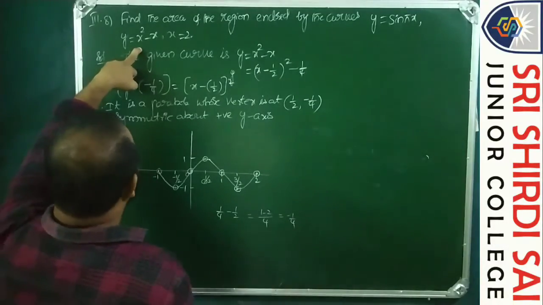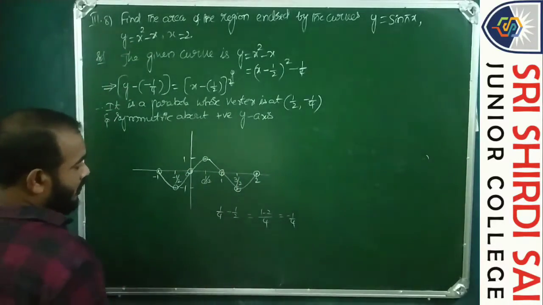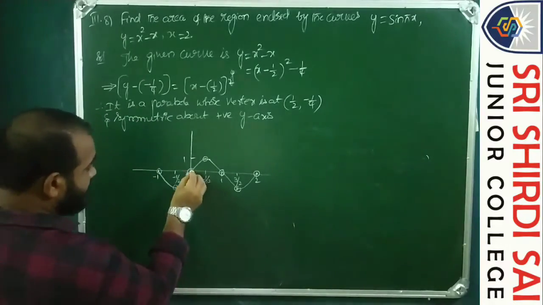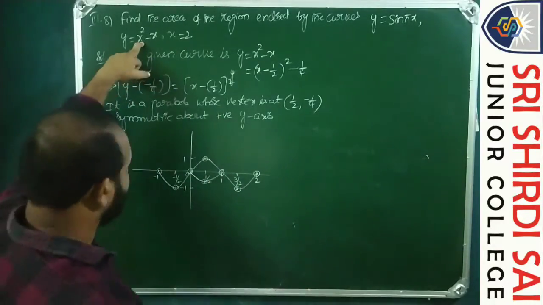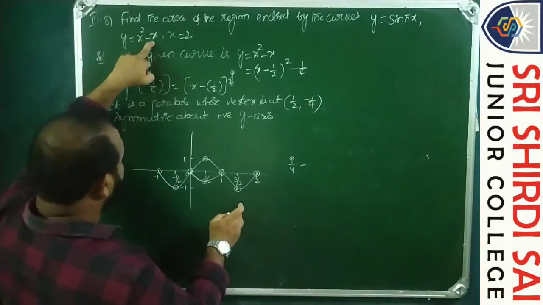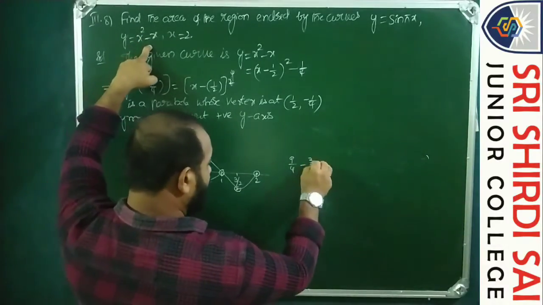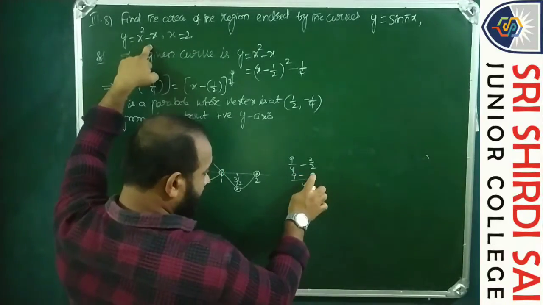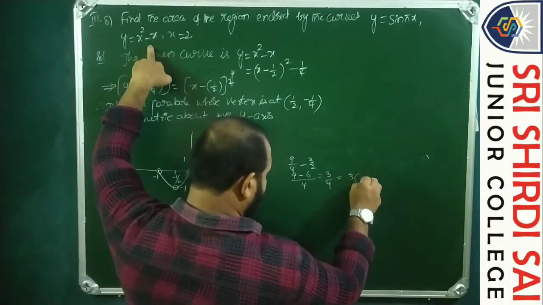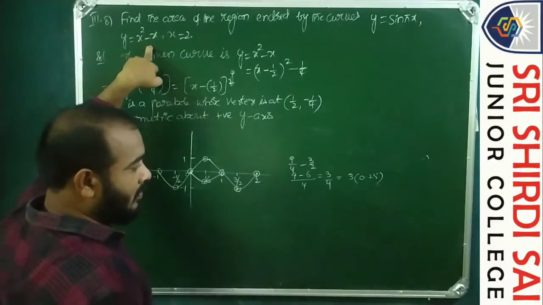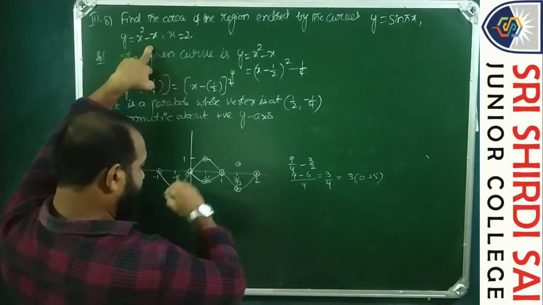Next, 1 you substitute, 1² - 1 is 0. Next, 3/2 you substitute: (3/2)² is 9/4 minus the x value 3/2. So with LCM 4, 9 minus 2 threes are 6, so 3/4. 3/4 is 3 into 0.25, that means 0.75. 0.75 will be somewhere below 1, somewhere here.